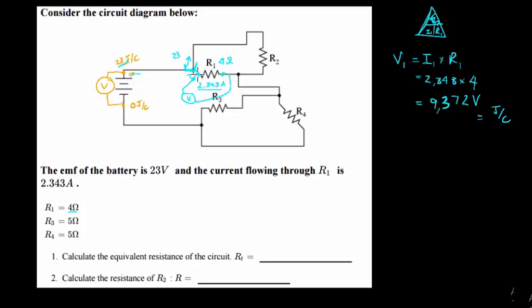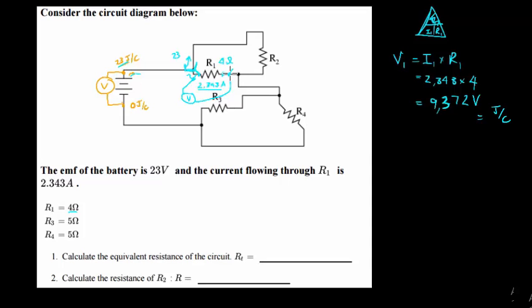So 1 coulomb comes here and he's got 23 joules, but he spends 9.372 on this resistor. So after he spent that, how many joules does he have left?